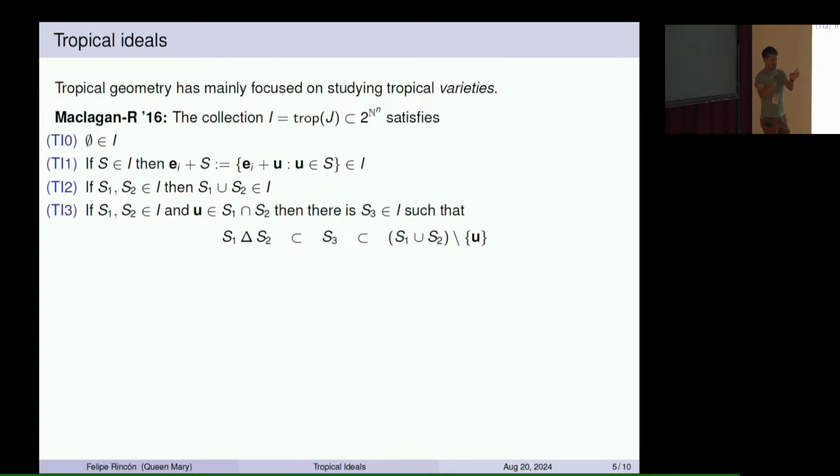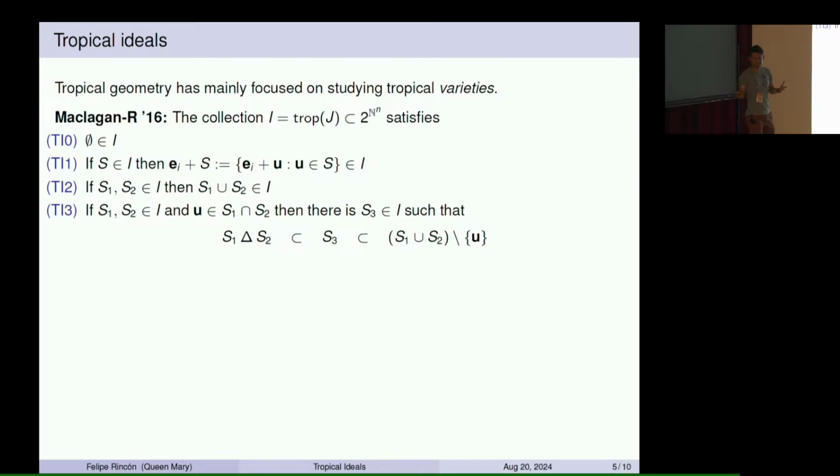So you take this polynomial has the monomial u, this polynomial has the monomial u, and maybe you can make them have the same coefficient and take the difference, and then somehow you created a polynomial that has support S3 containing the union of the two supports that you started with. It doesn't contain the monomial that was common to the two polynomials, but if a monomial appeared in only one of the two, then it appears in this difference that you created, okay?